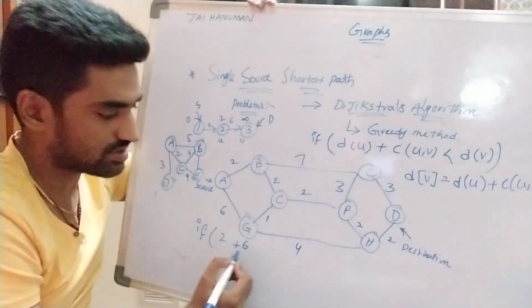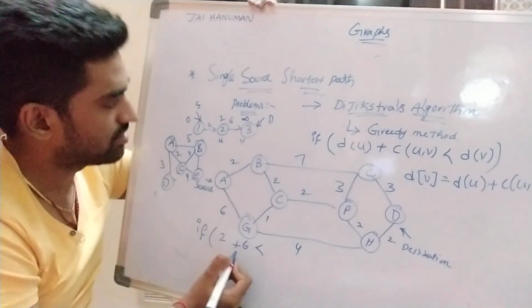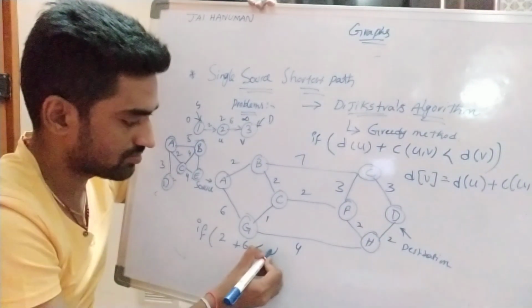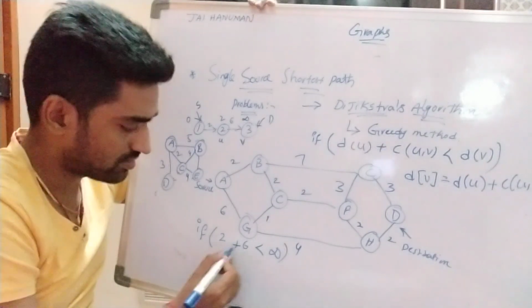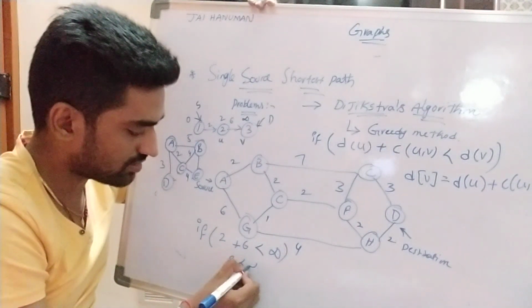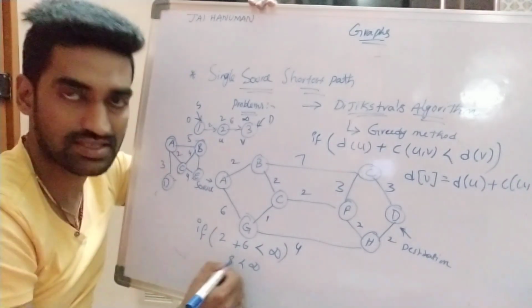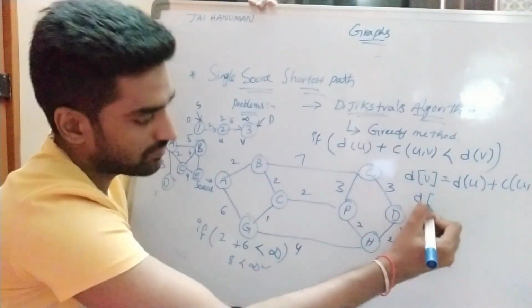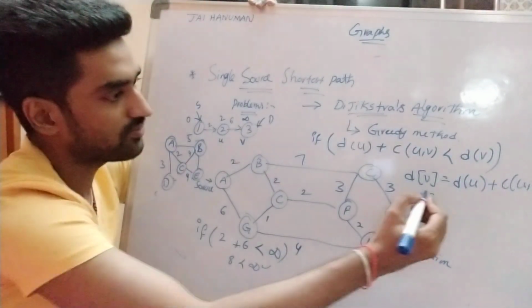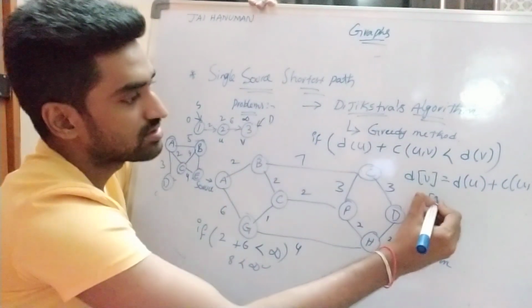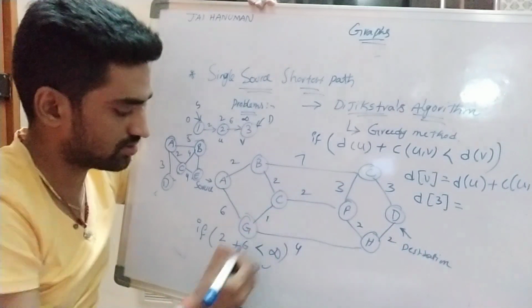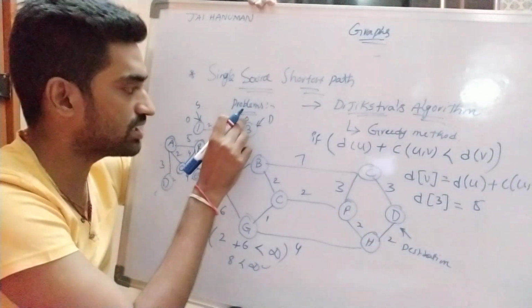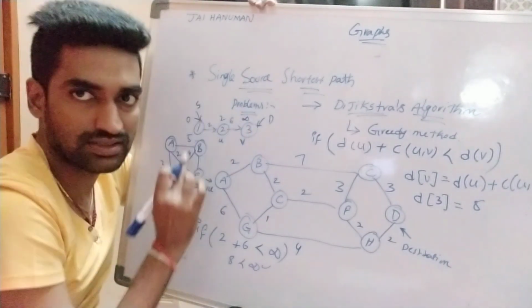Is 2 plus 6 less than the distance of v? What is the distance of v? Infinity. So 8 is less than infinity. Is the condition true or false? True. So we can update d of v. v is nothing but 3, so d of 3 is equal to 8. In place of infinity, we update the value 8.